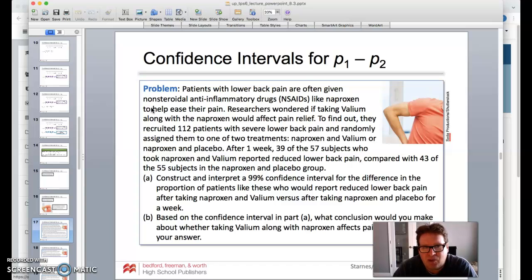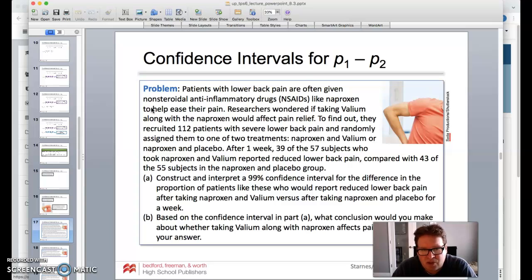To find out, they recruited 112 patients with severe lower back pain and randomly assigned them to one of two treatments: naproxen and Valium, or naproxen and a placebo. After a week, 39 of the 57 subjects who took naproxen and Valium reported reduced lower back pain, compared to 43 out of the 55 in the naproxen and placebo group.